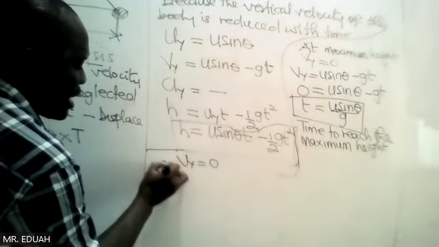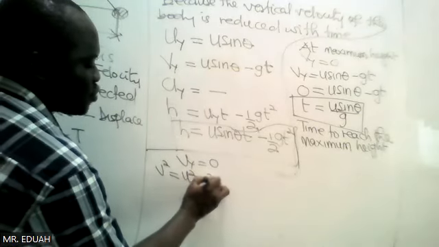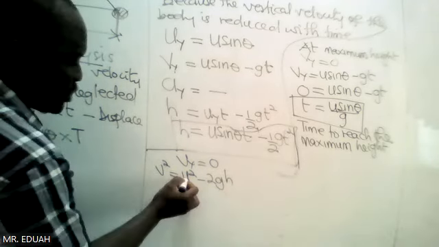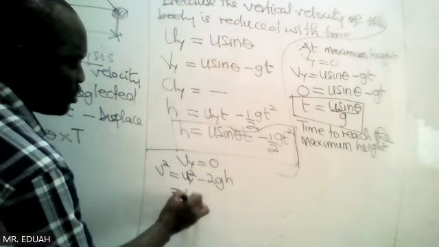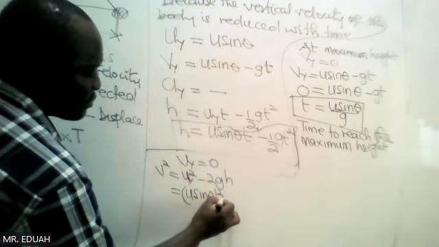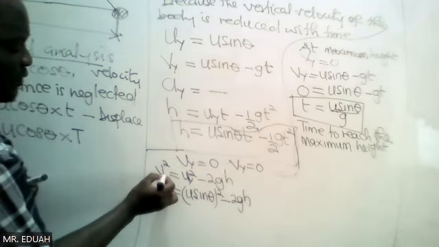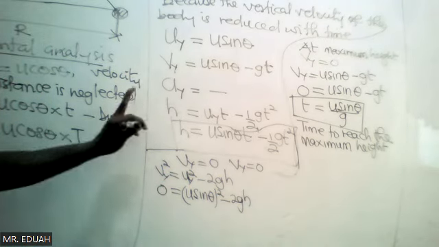So we use the equation V squared is equal to U squared minus 2gH. Our initial vertical velocity is U sine theta. So when we put that in and square, at the maximum height the vertical velocity is equal to 0. So this is Vy squared, and we put 0 for this because we are at the maximum height.